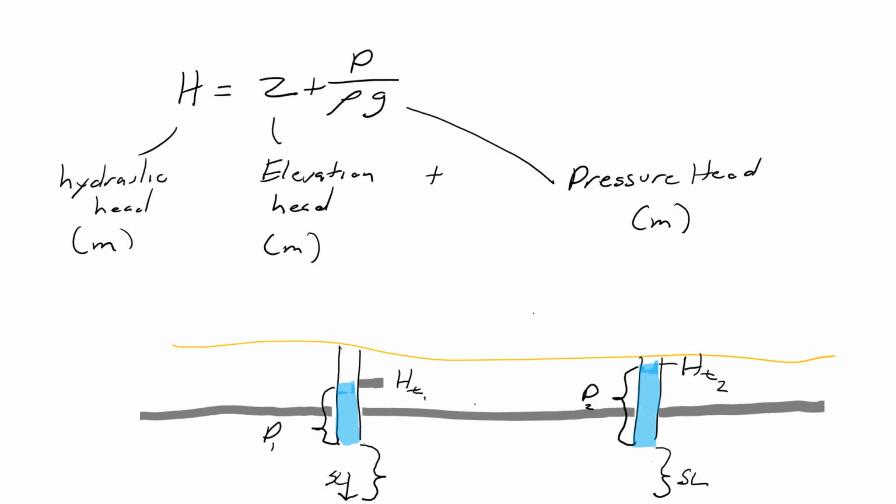I'll give you an example. The second one right here, HT2. Let's say that the elevation of the top of the water right there was 5,260 feet above sea level, and the base of the well was at 5,200 feet. How high is the pressure head in feet?